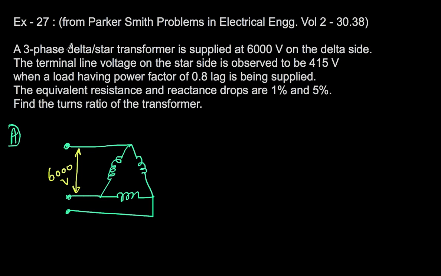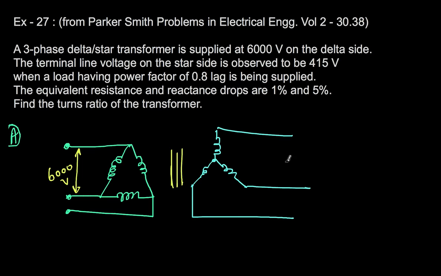So a three-phase delta-star transformer: this is delta, and let me draw the star also. Let me show the core in between, and then draw the star side. So this is the star side of the supply.